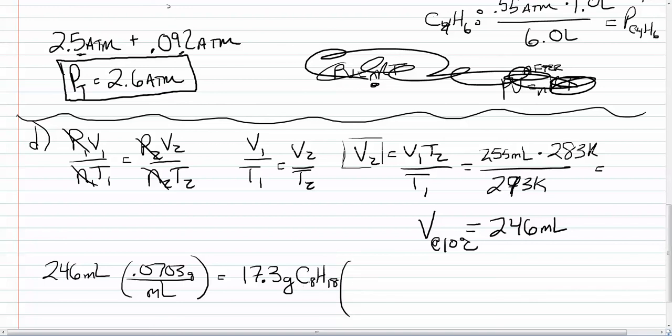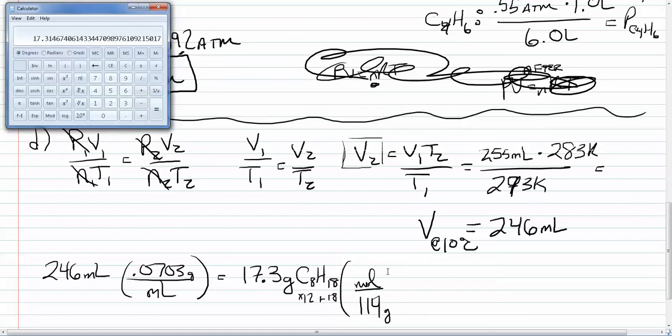We need to get moles, so we've got 8 times 12 plus 18. Each hydrogen we'll just say weighs 1. That's 96 plus 18, about 114 grams per mole. So once again, back to our calculator, divide that out by 114.